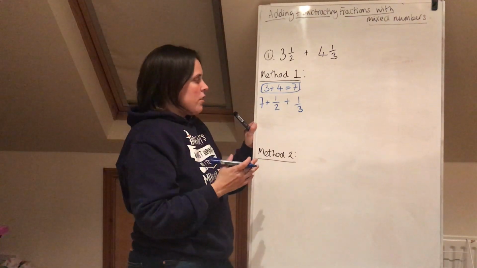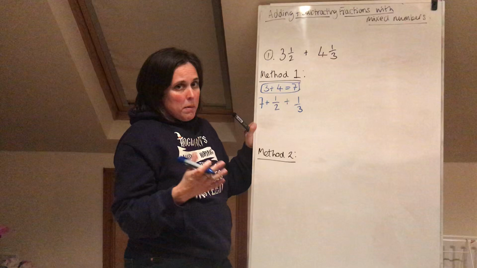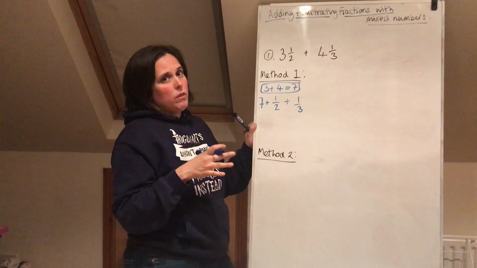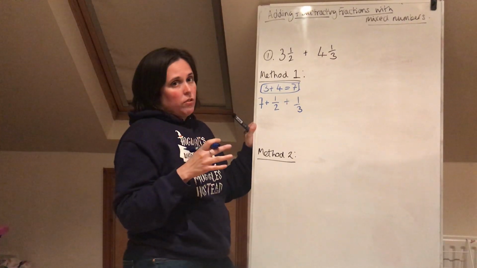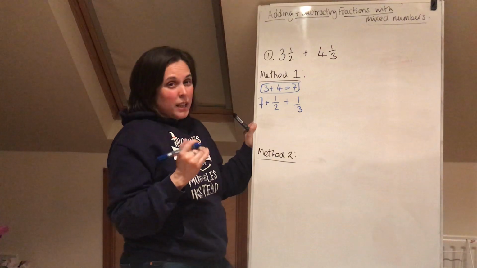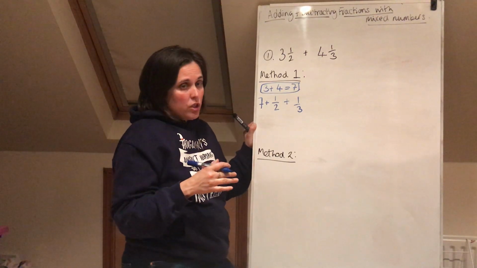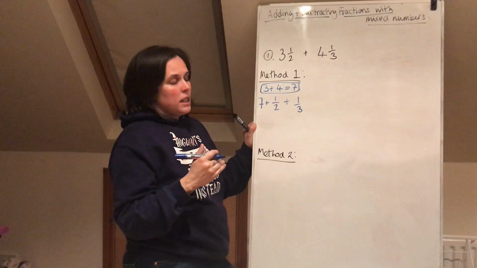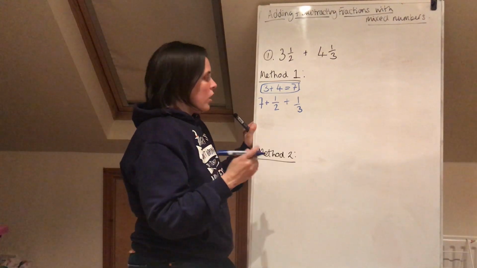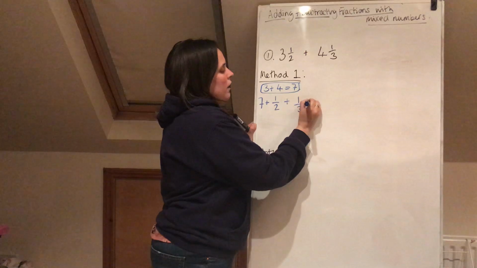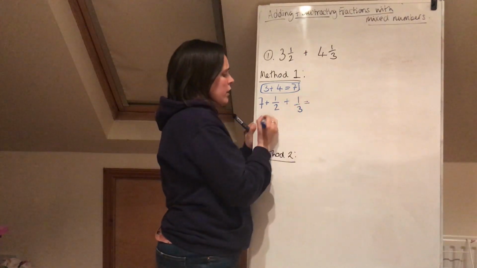Now a half and a third, you should remember from the last video I did on adding and subtracting fractions, you have to keep the denominators the same. So we have to use our knowledge of equivalent fractions to make sure that the denominators are the same. So we have our 7 whole ones.